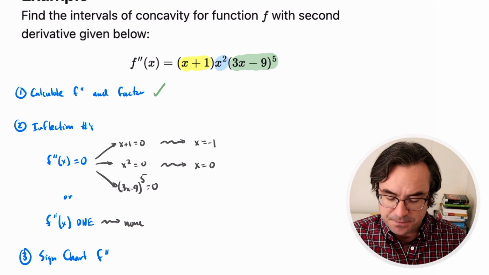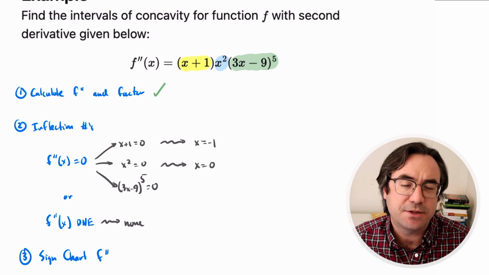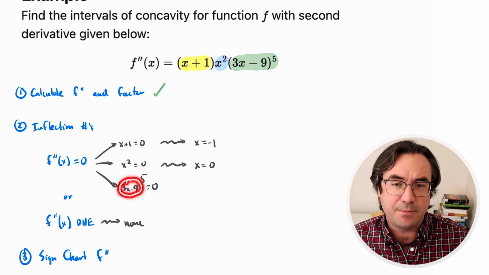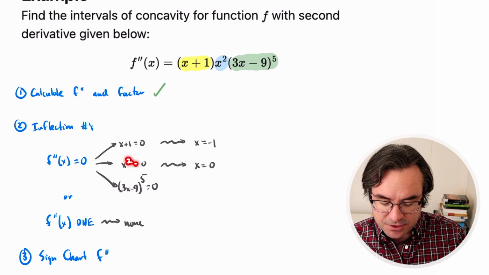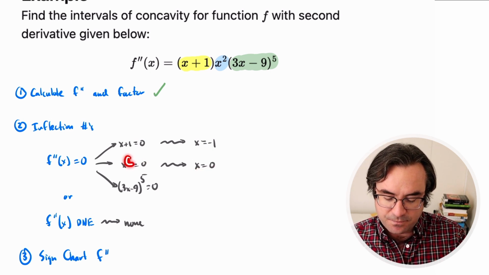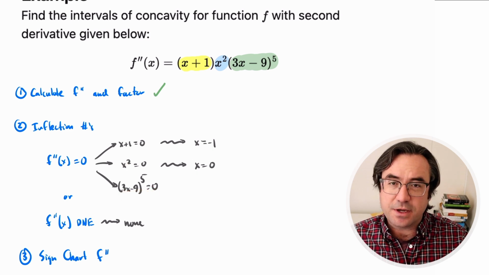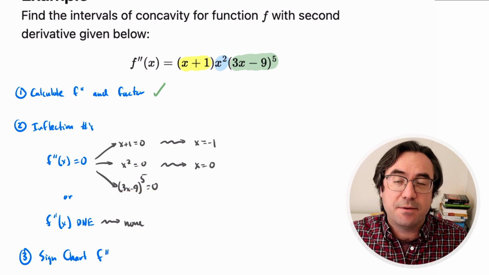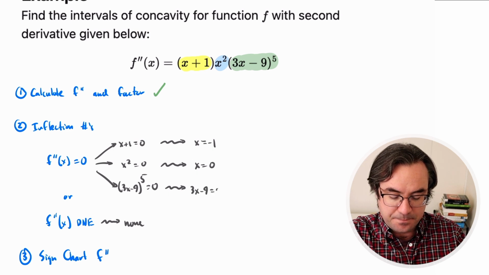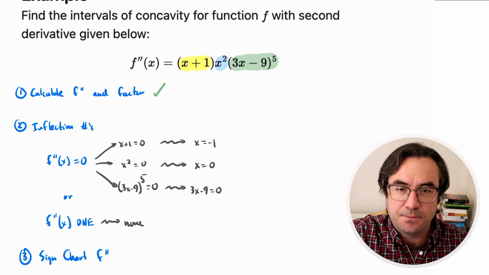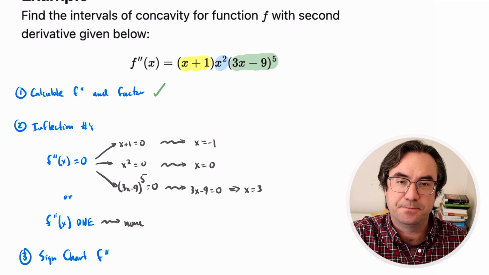Another way to think of it: when a term is entirely raised to an exponent, the only way that term can be 0 is if the stuff inside the power equals 0. Just like x squared equal to 0 gave us x, here the stuff inside the power 5 is 3x minus 9. We set that equal to 0 and solve for x, and we get x equal to 3.